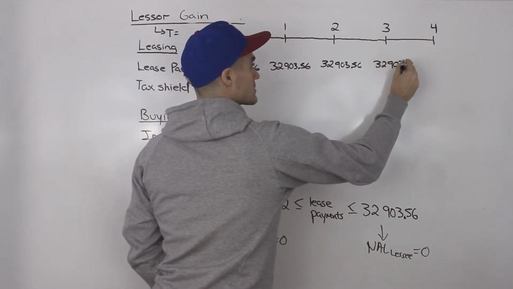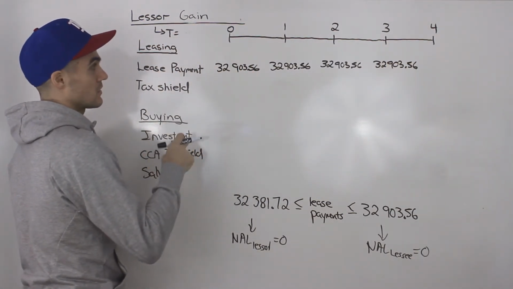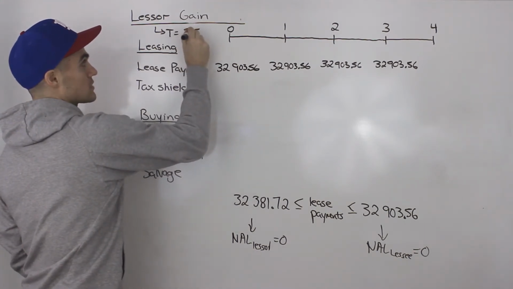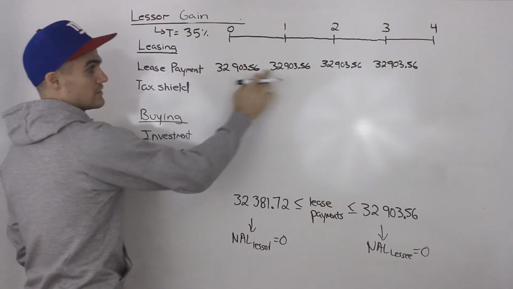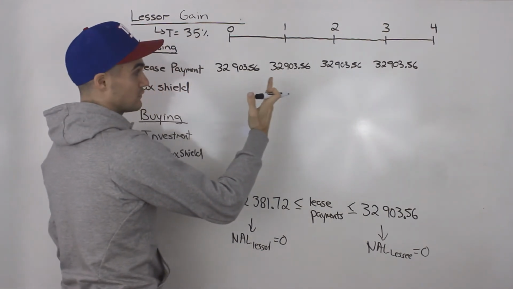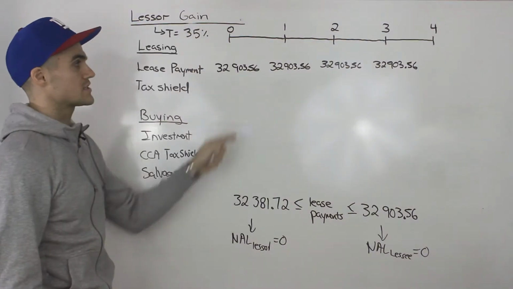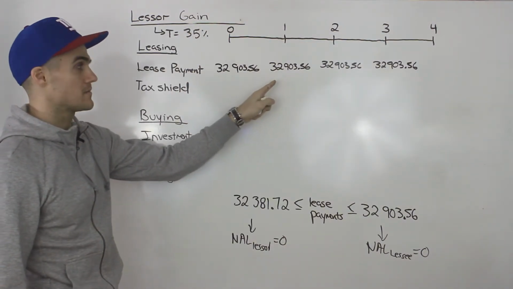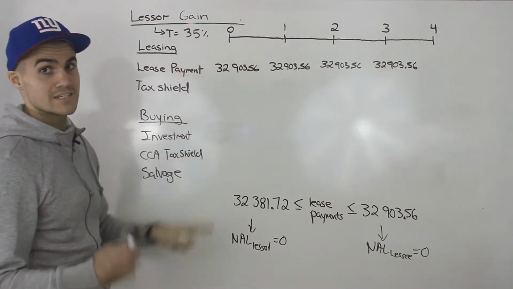Now, because with this lease payment, we are calculating the gain to the lessor, the tax rate that we're going to be using throughout is 35%. So now with these lease payments, you have to find what the tax shield is going to be for the lessor. So we just take these lease payments and multiply them by 0.35, the lessor's tax rate.